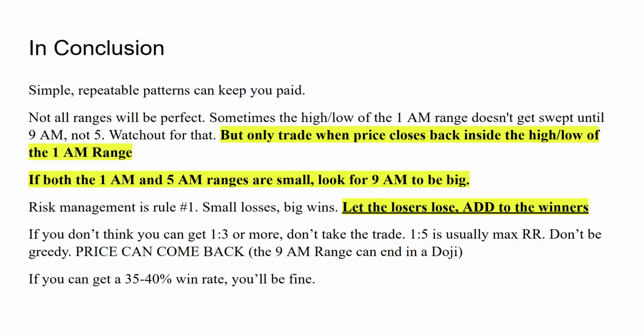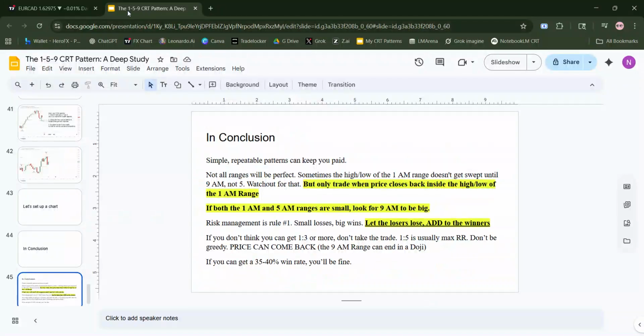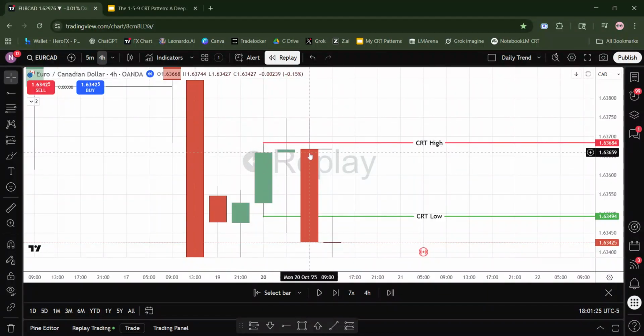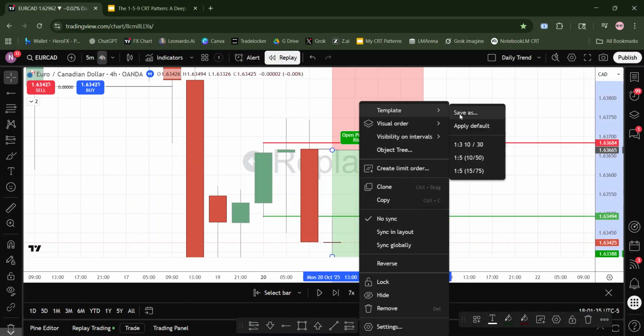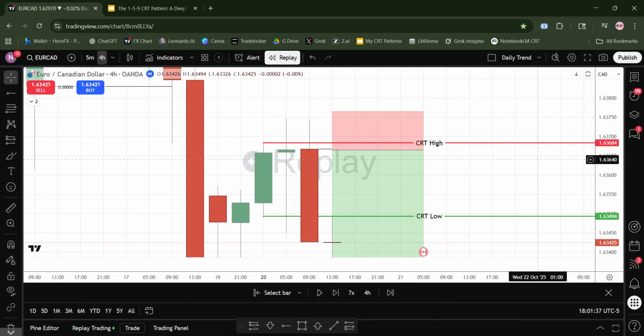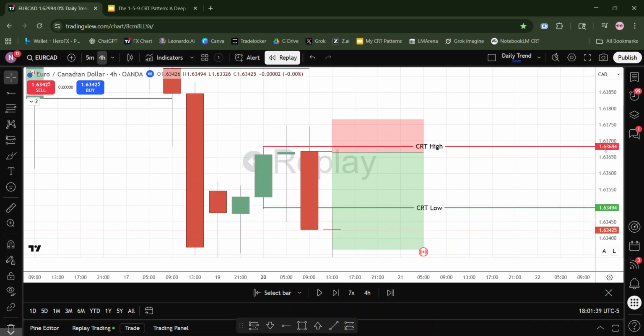Now, if you don't think you'll get 1 to 2, 1 to 3 or more, don't take the trade. If 1 to 2 is a little low for you, don't take it. Let me be more specific. Let's say for this one right here, short, this will be a 30 pip move.